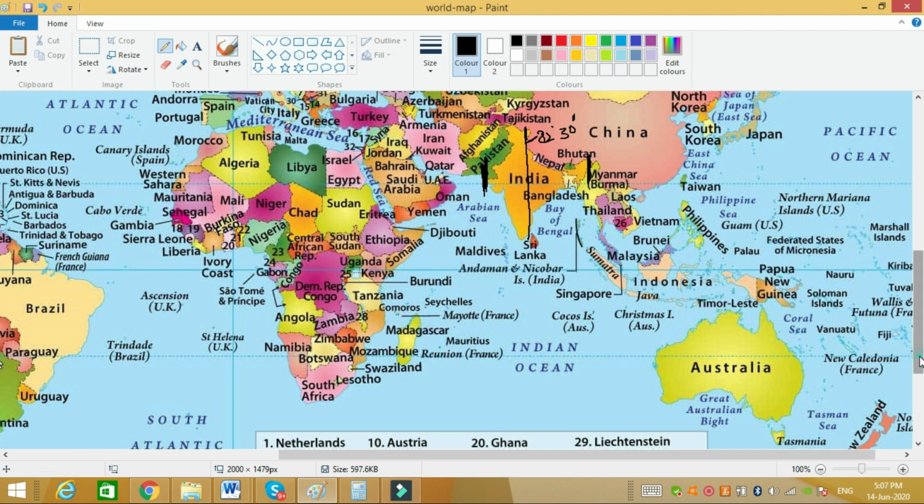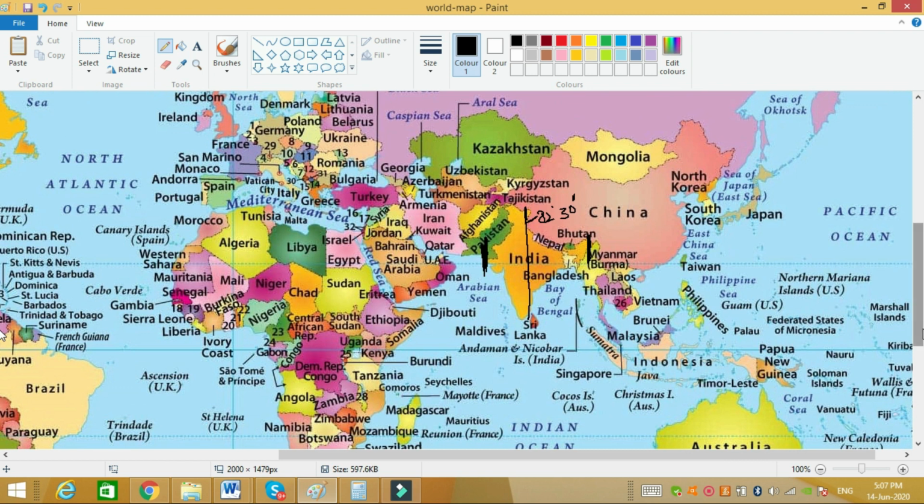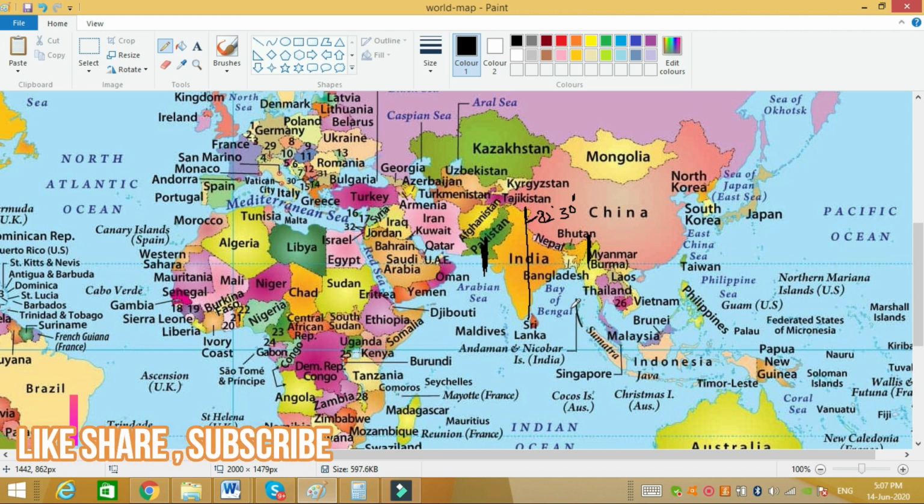One more point I would like to reveal here: the countries which are ahead of us from this central meridian have their time leading ours, and those countries on the left hand side of this standard meridian are lagging behind us in time.